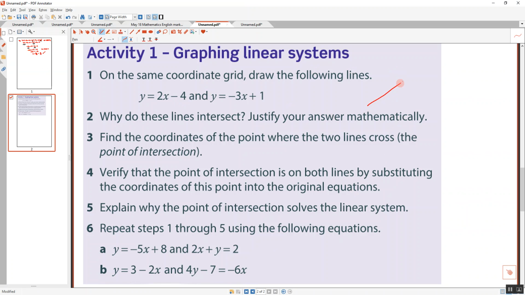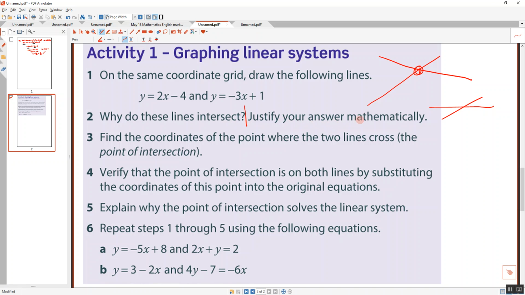One is sloping down and one is sloping up. So that means at some point they are going to intersect. If one line is sloping up and one line is sloping down, they are always going to intersect. So that would be fine for this part of the question.